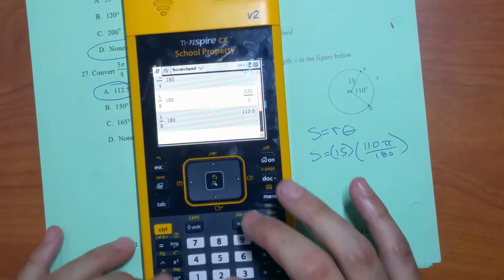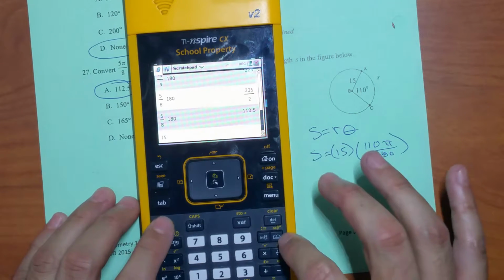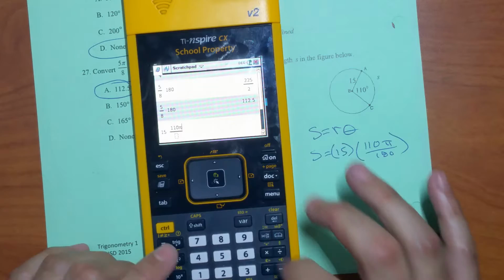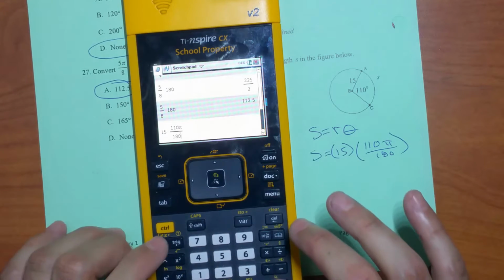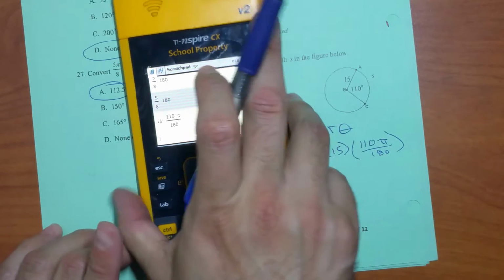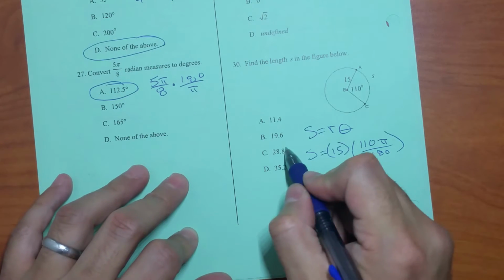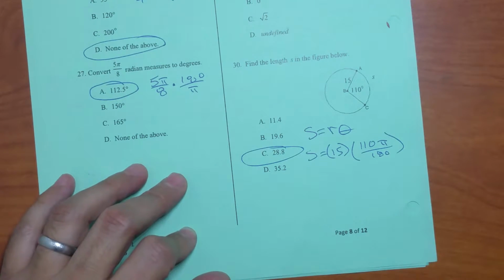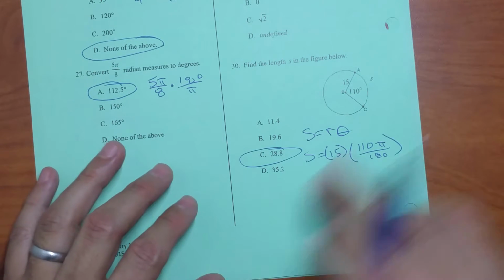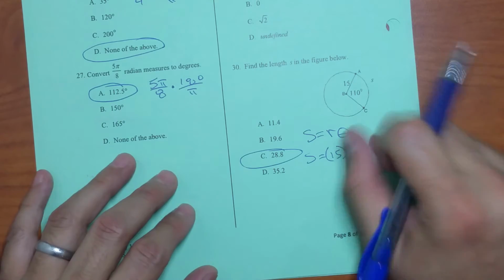Okay, so it's going to be 15 times 110 pi over 180. So I get 28.8. So it's about 28.8. So it's going to be C. Questions? Okay. Important thing about this, make sure you have radians here.